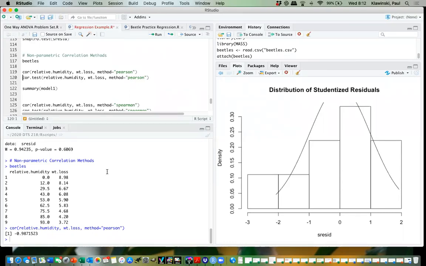And what I told you is that that correlation coefficient is just the square root of R squared.